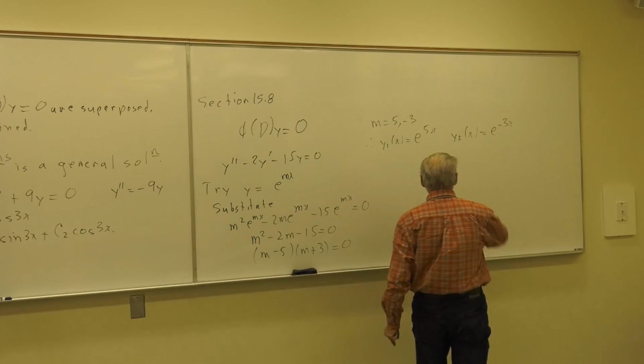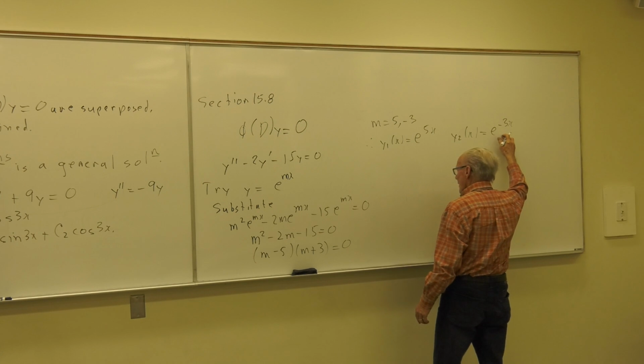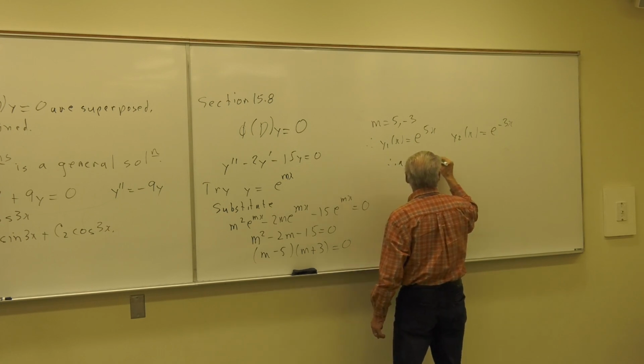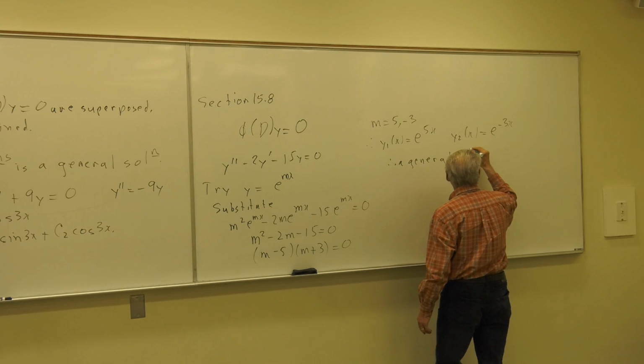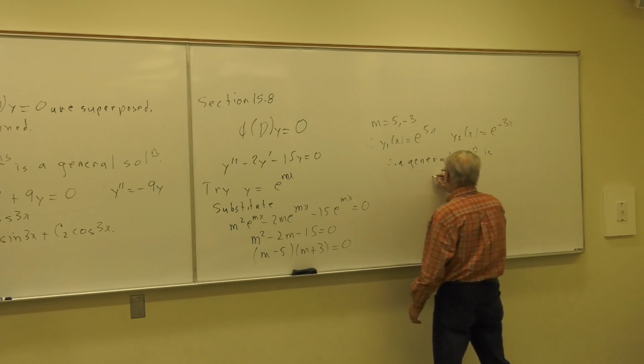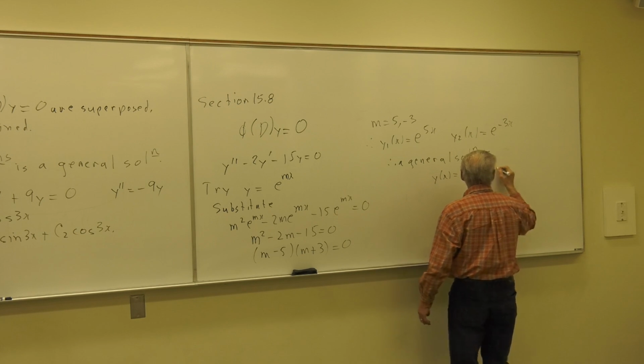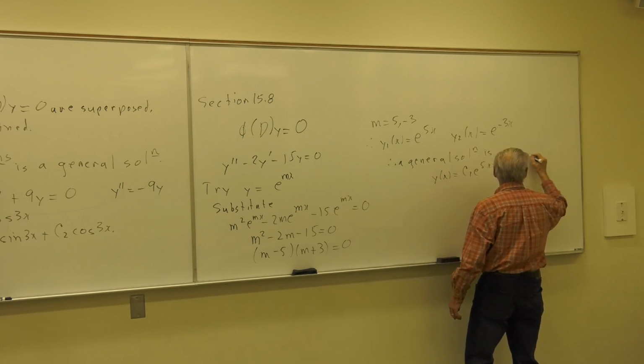There's no way this is a number times that. Therefore, a general solution is y of x equal to a constant times the first plus a constant times the second.